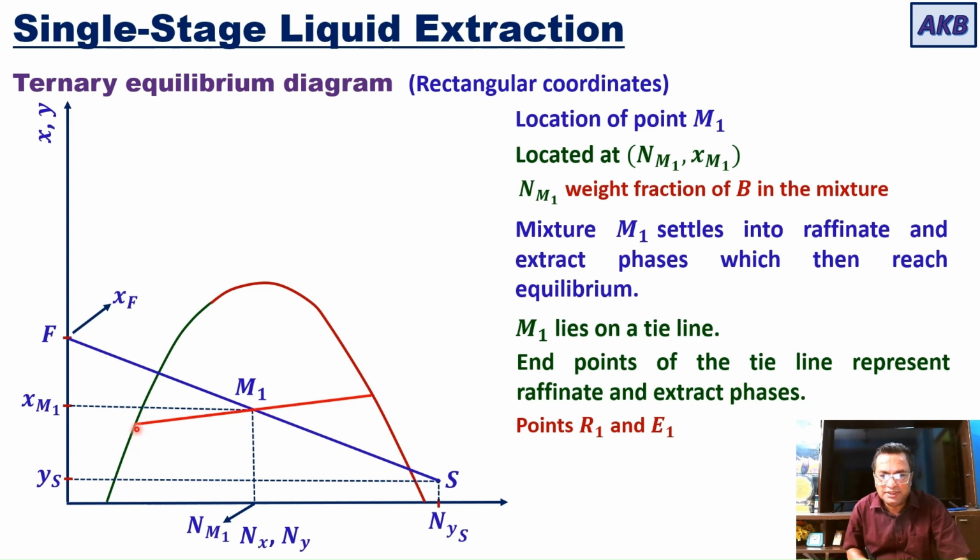The point on the A rich side of the curve represents R1, the raffinate phase, and a point on the B rich part of the curve, E1, represents the extract phase. So, this is how you can follow a single stage liquid extraction operation on a ternary equilibrium diagram on rectangular coordinates. Let us continue further.